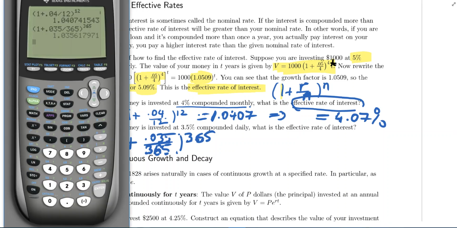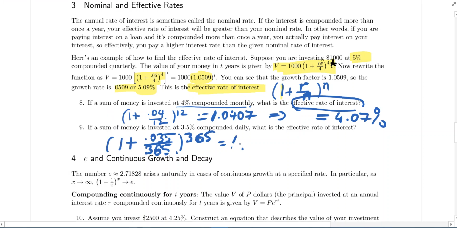When you put that in the calculator, you get 1.0356. So that means that the effective rate of interest is this portion, so 3.56%, which is slightly higher than 3.5%.